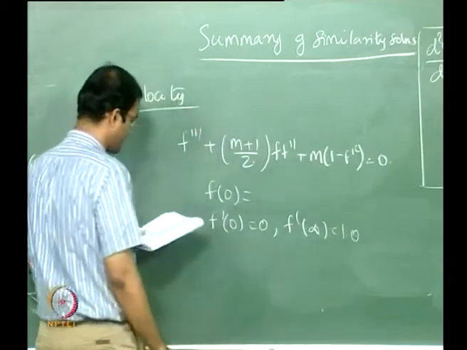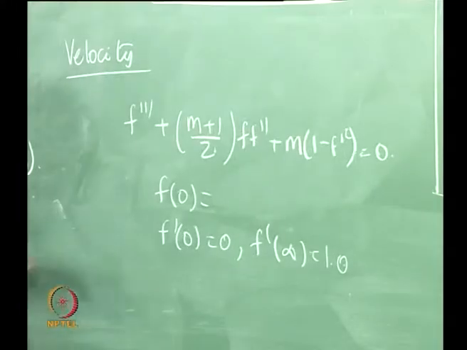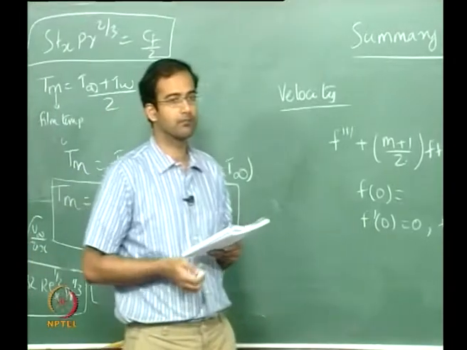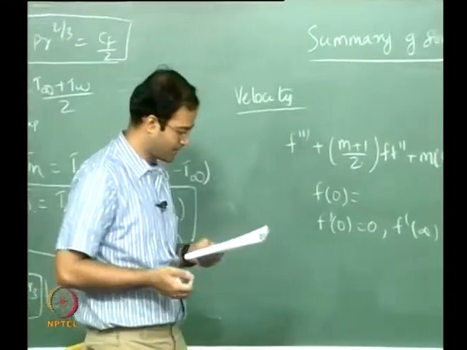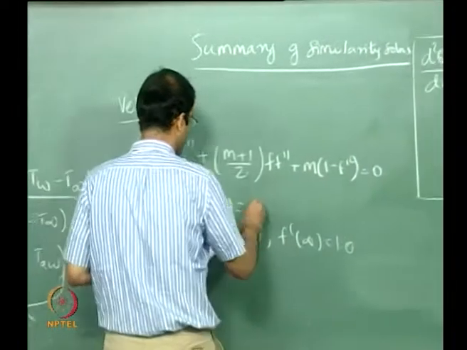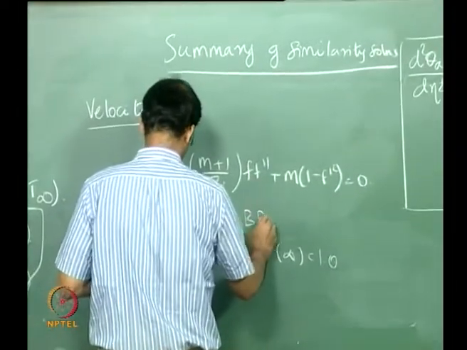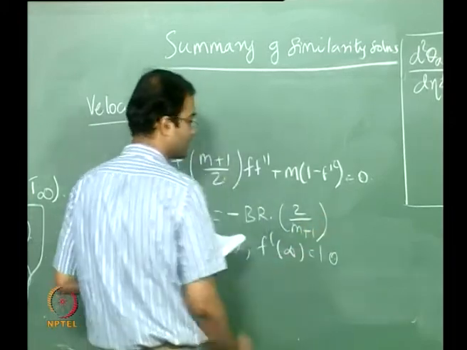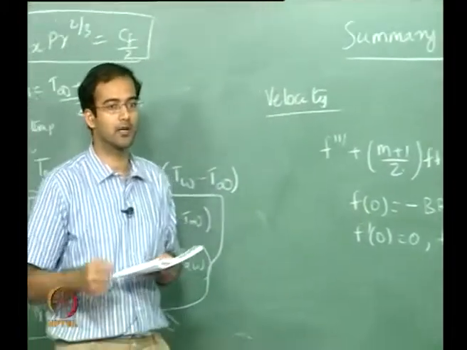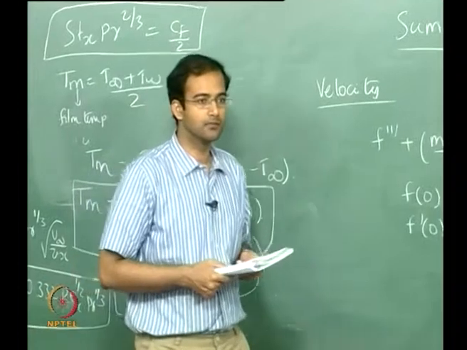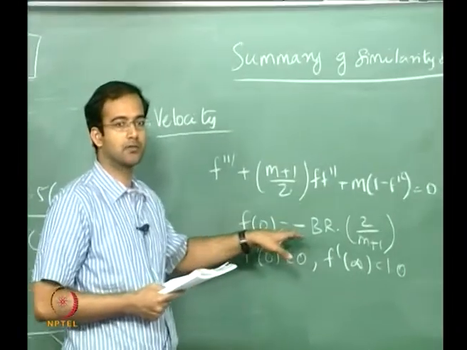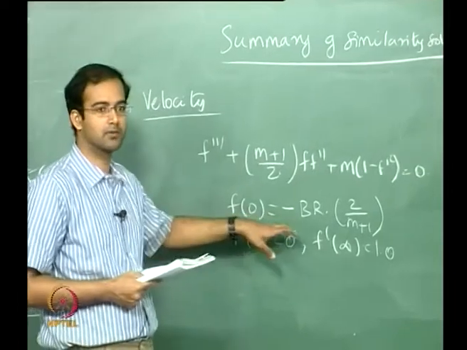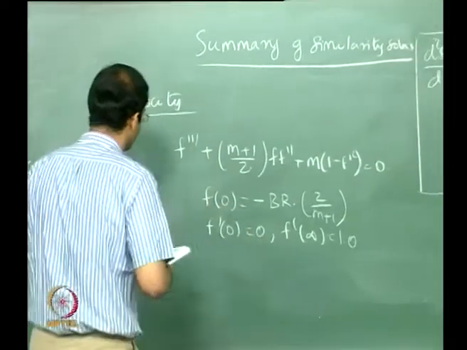Now what is the most general condition for f of 0? Do you remember from our transpiration problem? This is minus blowing ratio times 2 by m plus 1. The blowing ratio is a constant value. When the blowing ratio equals 0, that becomes the case without transpiration, where f of 0 equals 0.